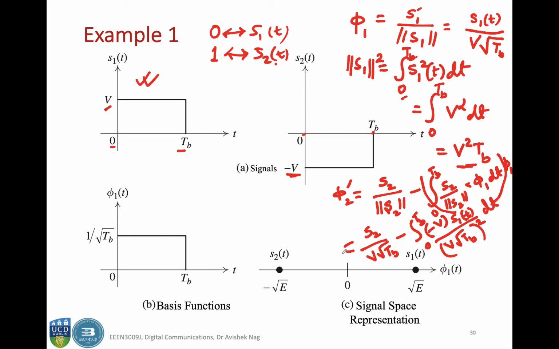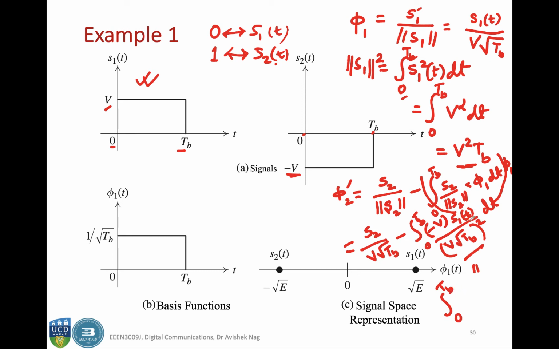And then if you calculate this, you see here you have minus v, and your S1(t) is plus v between 0 to tb. So this particular expression will be just this part, equal to the integral from 0 to tb.